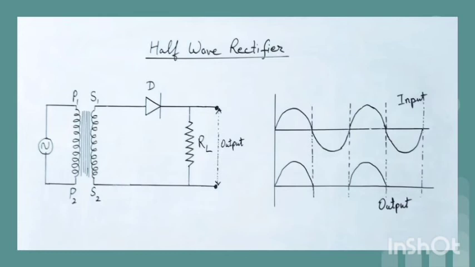This process is repeated and during one half of a cycle the current flows and in the next half cycle there is no current. The output across the load is shown in the plot. This way the half wave rectification takes place when current flows only in one half of each cycle.